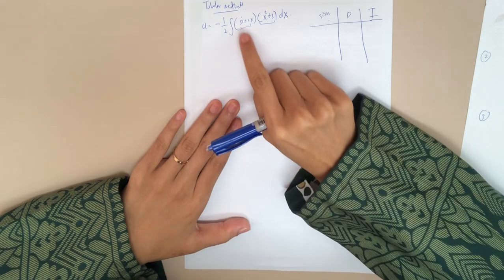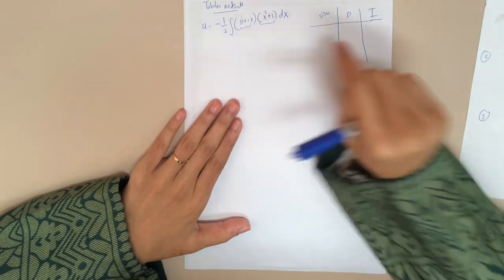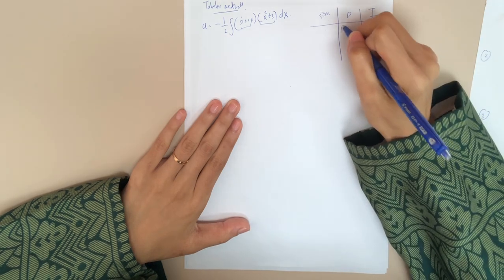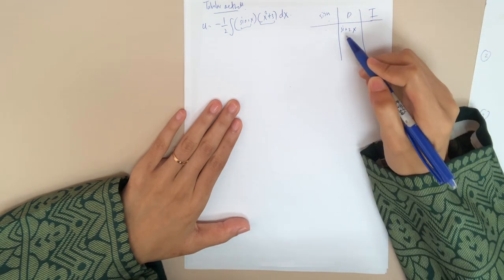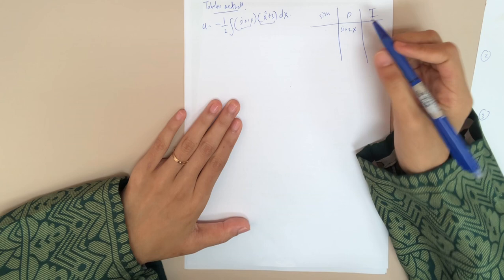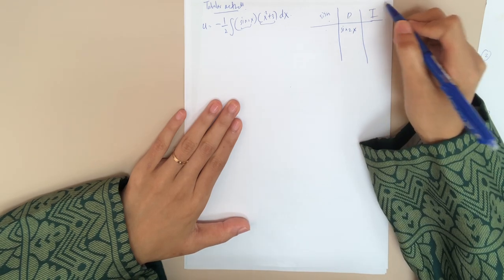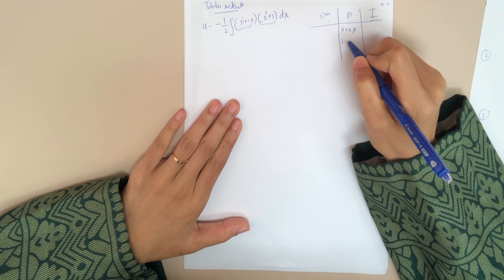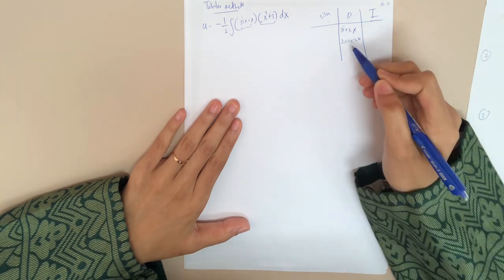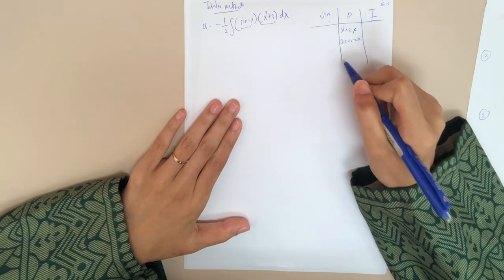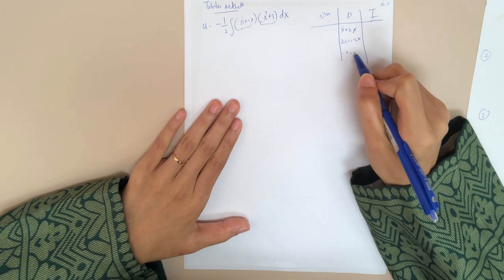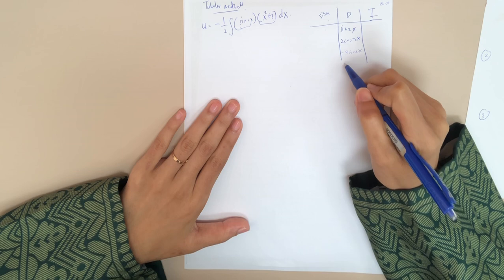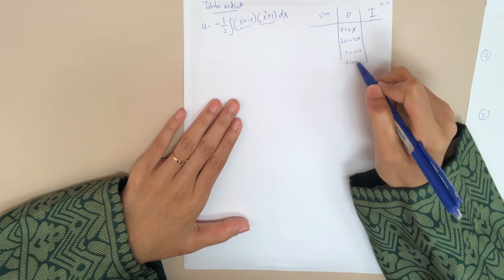For example, let's say we choose sine 2x here and put sine 2x in D. When you differentiate sine 2x, you get 2 cos 2x. Differentiate cos 2x again, you get negative 4 sine 2x. Differentiate again, you get negative 8 cos 2x.